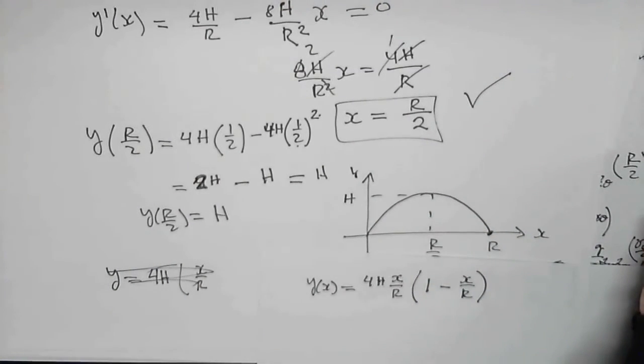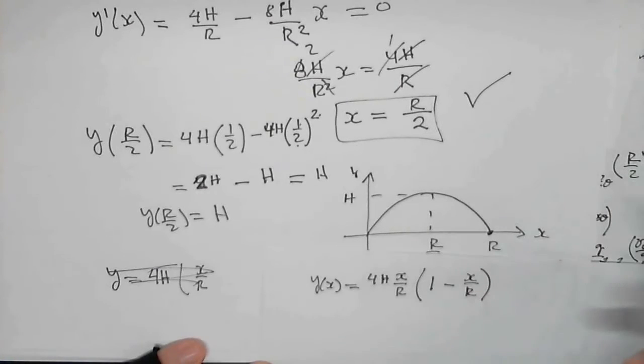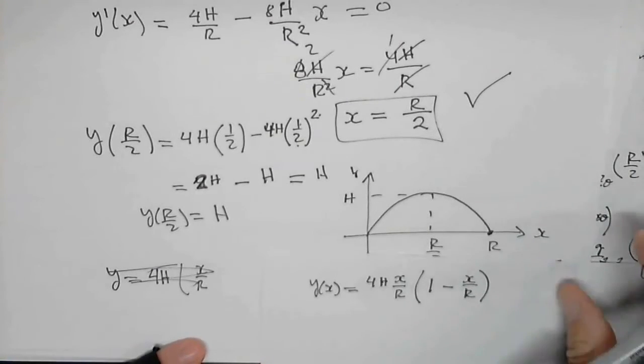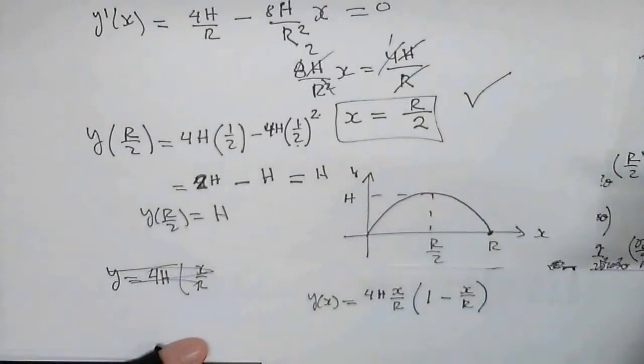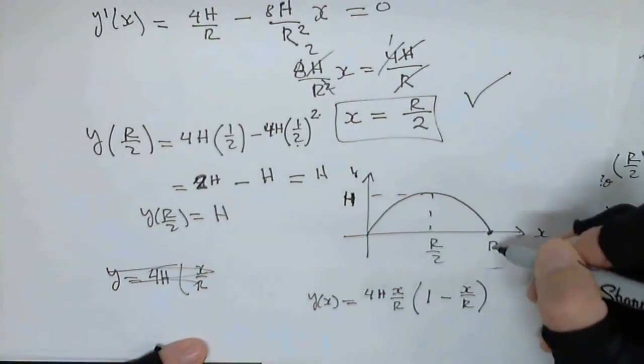Okay, and this is the equation of the parabola for the projectiles in terms of h and r.